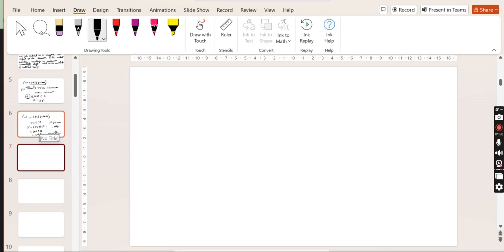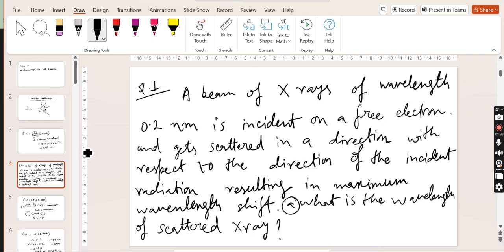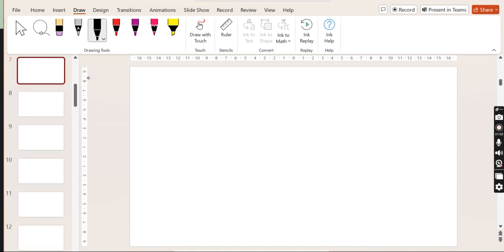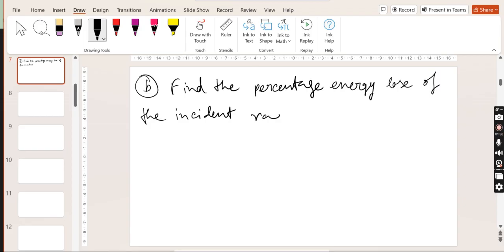Now if we extend this question, this is part A, and we extend the question: find the percentage energy loss of the incident radiation.